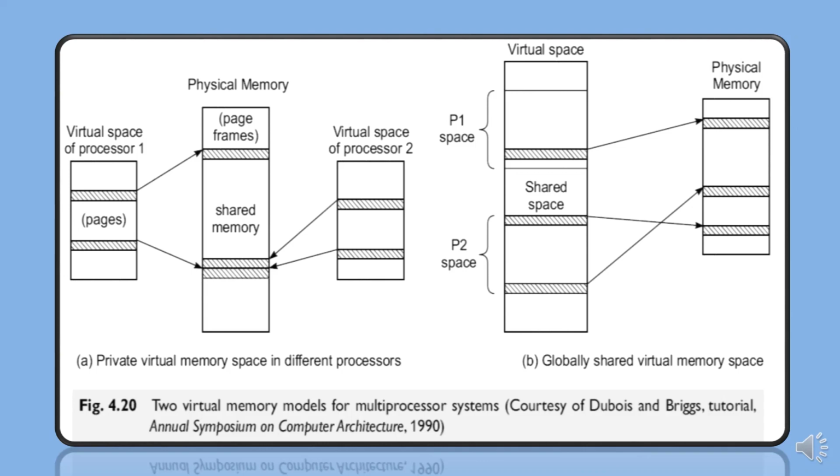Different processors may use disjoint spaces. Some areas of virtual space can also be shared by multiple processors. The advantages of using shared virtual memory include the fact that all addresses are unique.